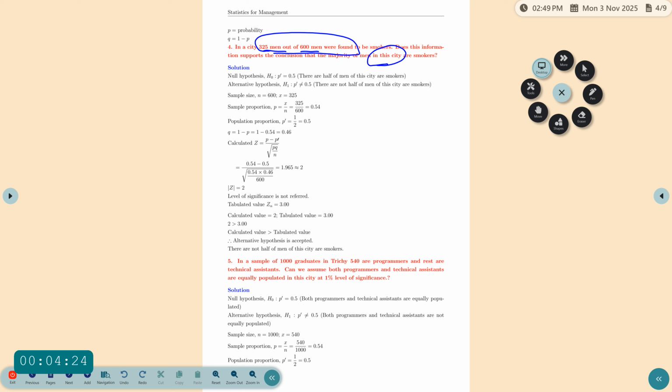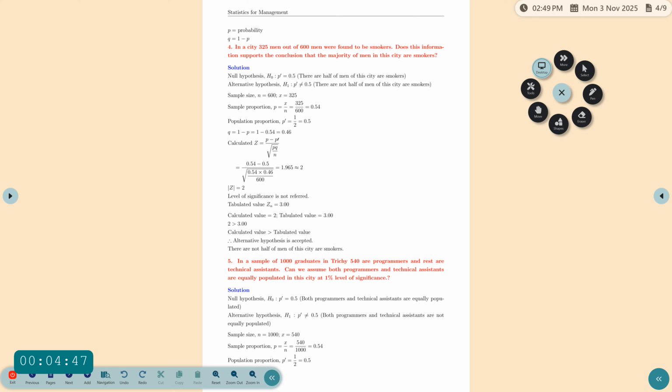There may be a city with 50 lakh men or more than 20 lakh men. We do not know the population of the particular city, but a sample is taken from this city: 325 out of 600. 600 is the sample we have taken.